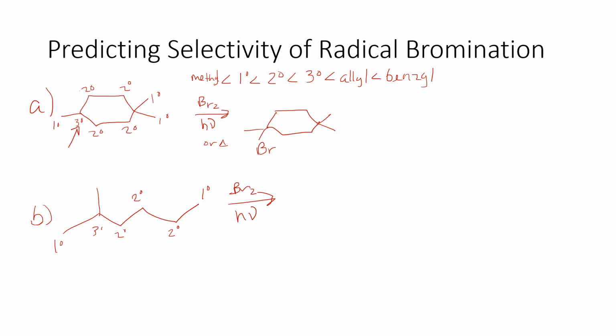Again, it follows the stability as I've stated here. So again, it would occur at this site. So this is where bromination can occur. Some additional practice problems.